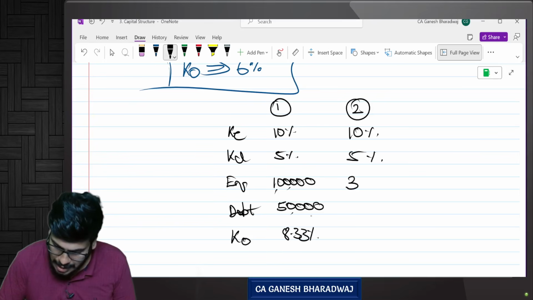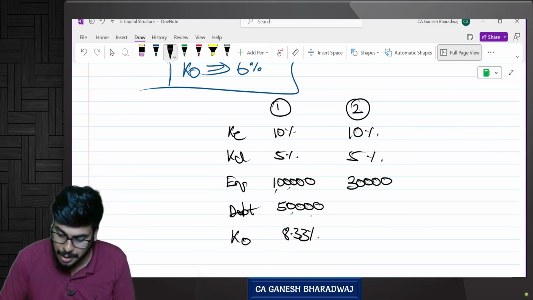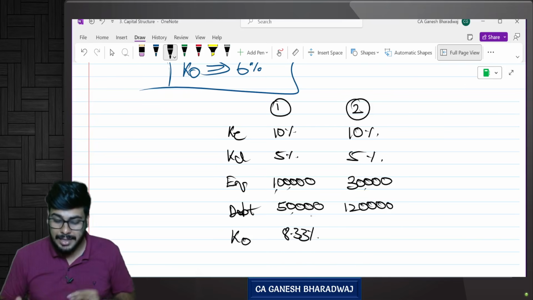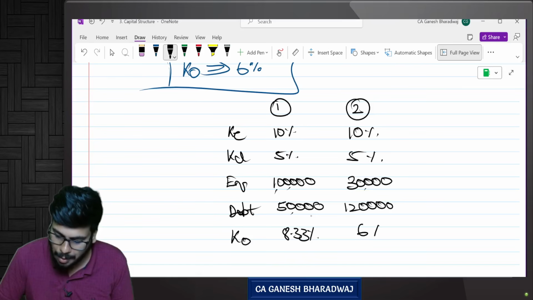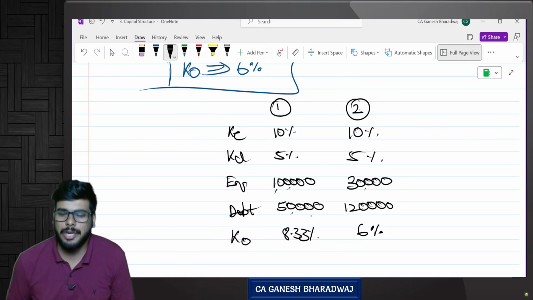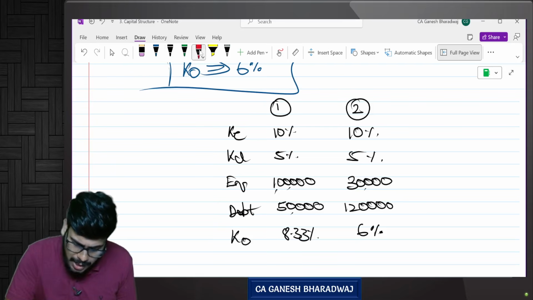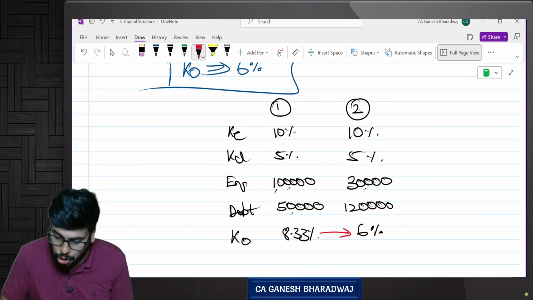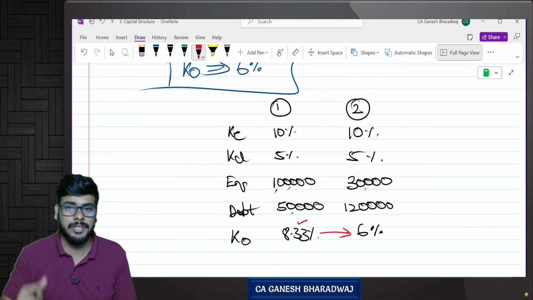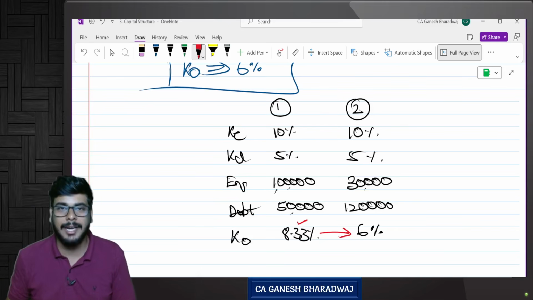So here 30,000 was raised from equity, but 1,20,000 was raised from debt. Now, when this happened, my KO became 6%. Now, what is the conclusion that you can draw? Why has my KO dropped from 8.33% to just 6%? Why has it dropped? Now, logically you think and tell me.